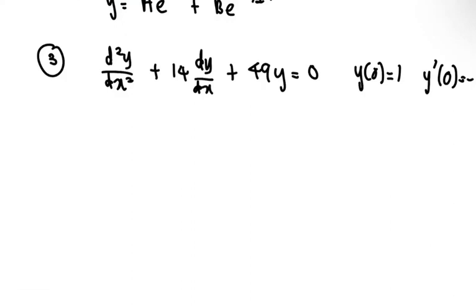Okay, change into characteristic equation. So first we have m square plus 14m plus 49 equal to 0.